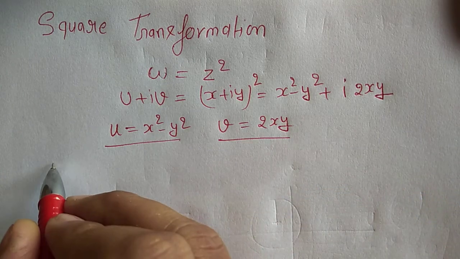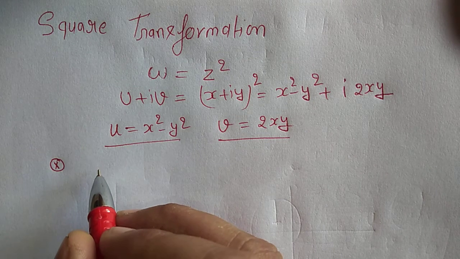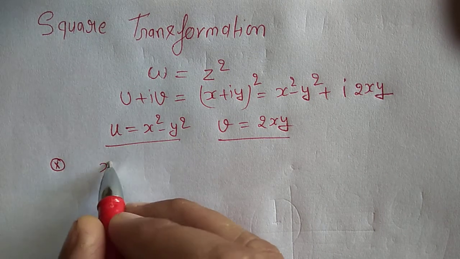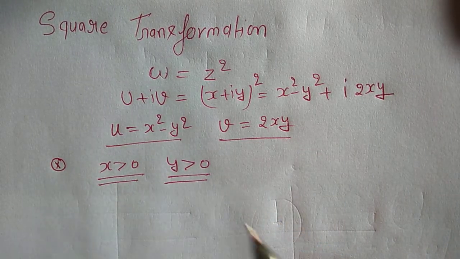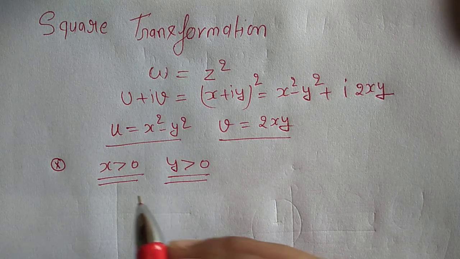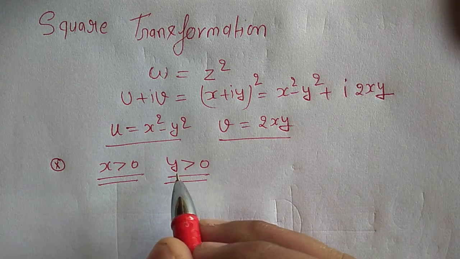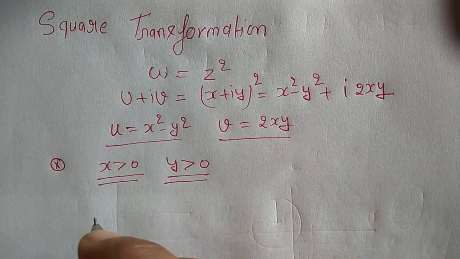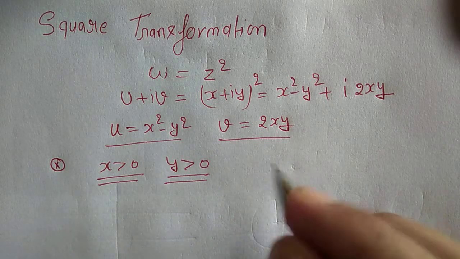Now let us have a small example. Find the image of the first quadrant in the z plane under the mapping w equal to z square. So for the first quadrant, x is positive and y is positive, both are positive.